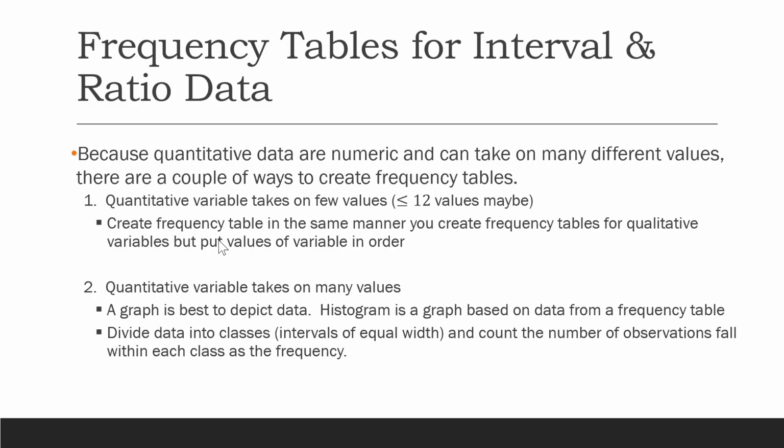One thing about histograms is that they use a specific type of frequency table where we divide our data into equal intervals, so many intervals, each with equal length. We call those intervals of equal length classes. And we basically count the number of observations that fall within each of those classes. And that is our frequency.